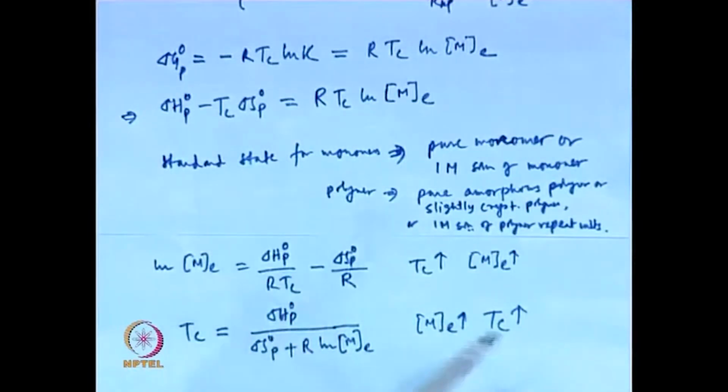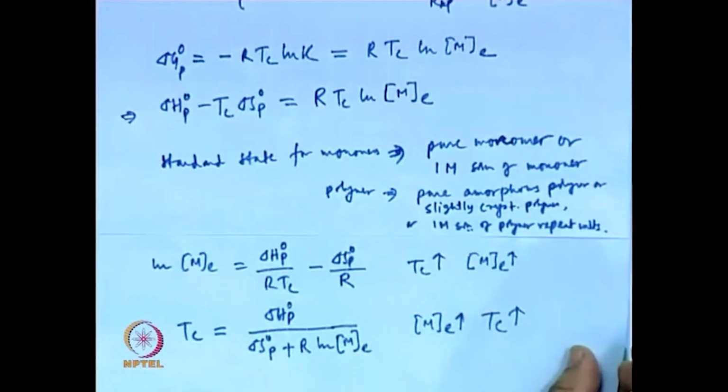It is not that every monomer has a single ceiling temperature, and this is often misunderstood, that Tc is a single number. It actually depends on the monomer concentration as well.